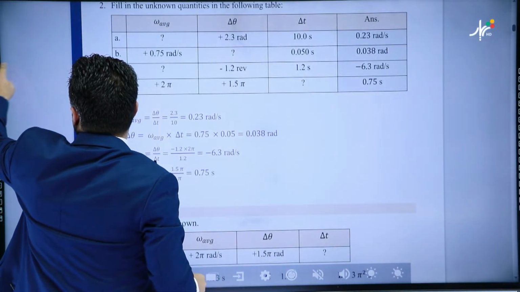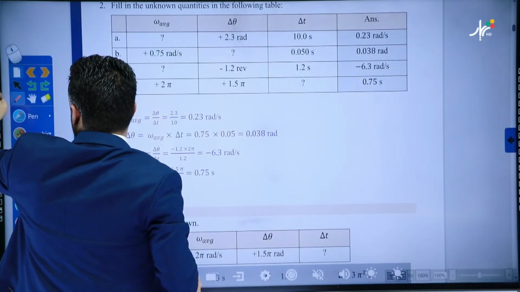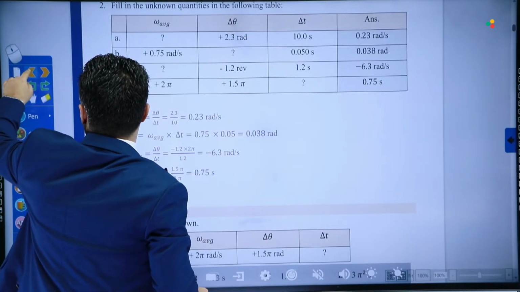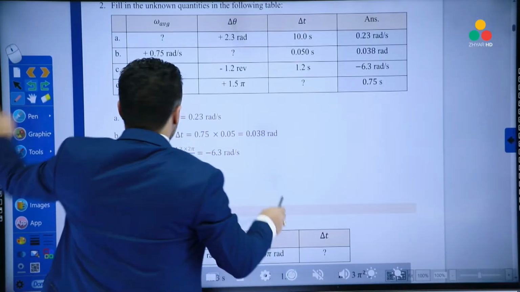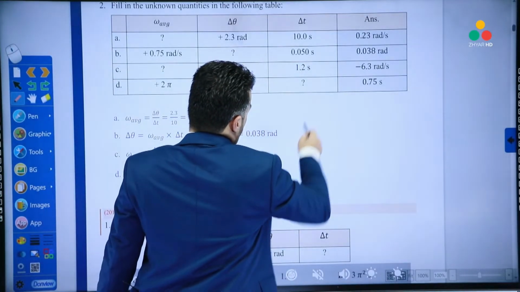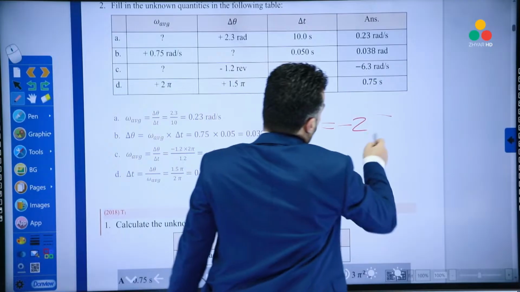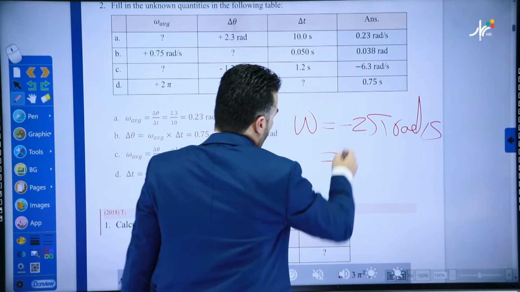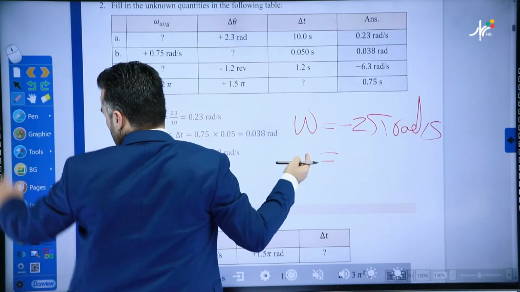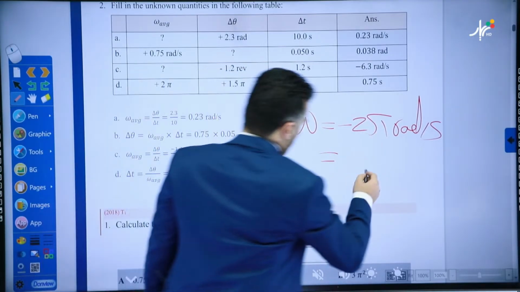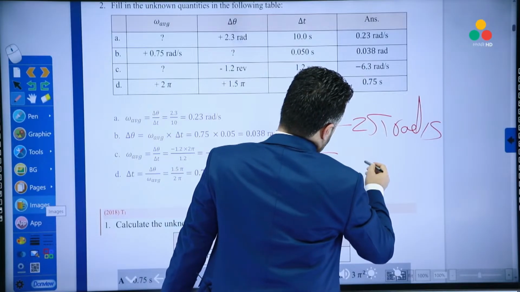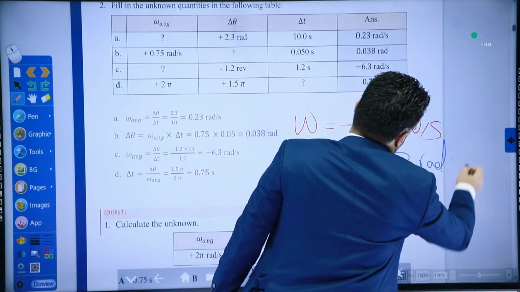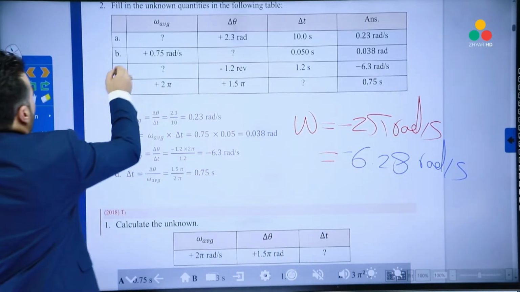Anyway, so the answer was negative 2 pi rad per second. You convert 2 pi into numbers only: 2 times 3.14 is going to be negative 6.28 rad per second. This is the answer to part C.